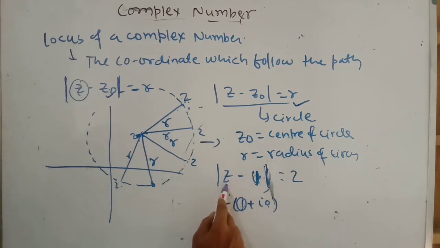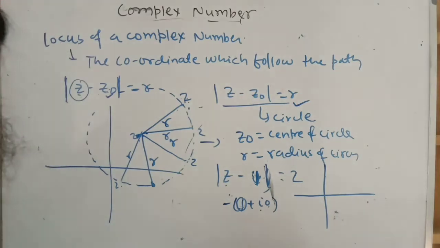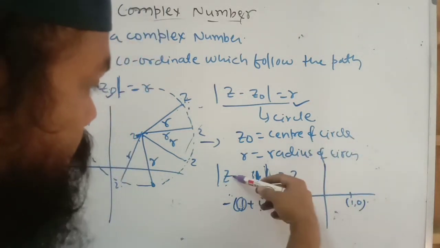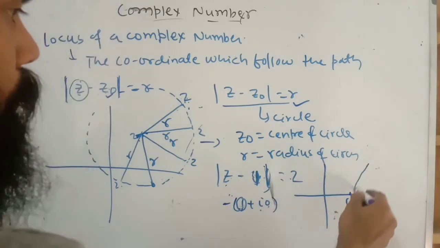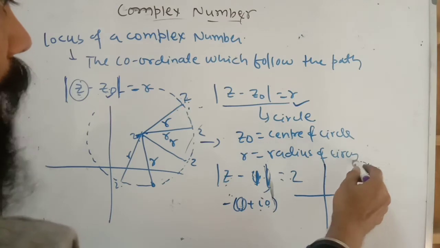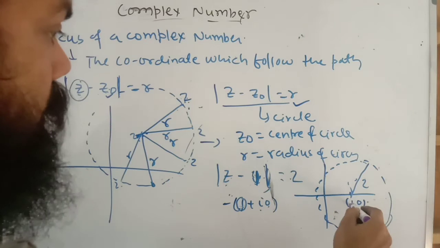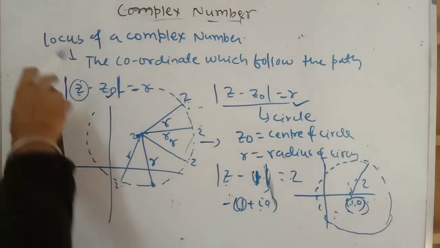So the distance of z from (1, 0), and when you draw the diagram, (1, 0) is here. The distance of z from (1, 0) is 2, so you draw the circle having radius 2 and center (1, 0). Okay, so another example we are going to explain.